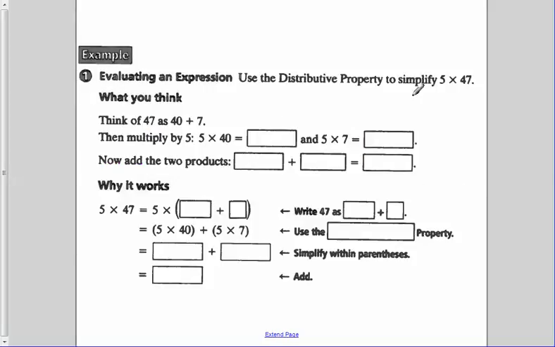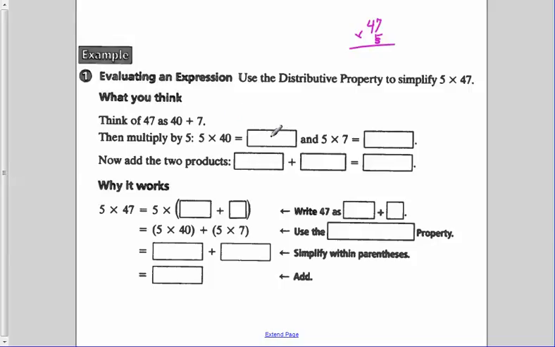We distribute to simplify. Use a distributive property to simplify 5 times 47. Now, we could multiply this out, we could say 47 times 5, just multiply this out. However, we can also do this a lot easier by breaking up what we know about 47. And 47 can be thought of as 40 plus 7.